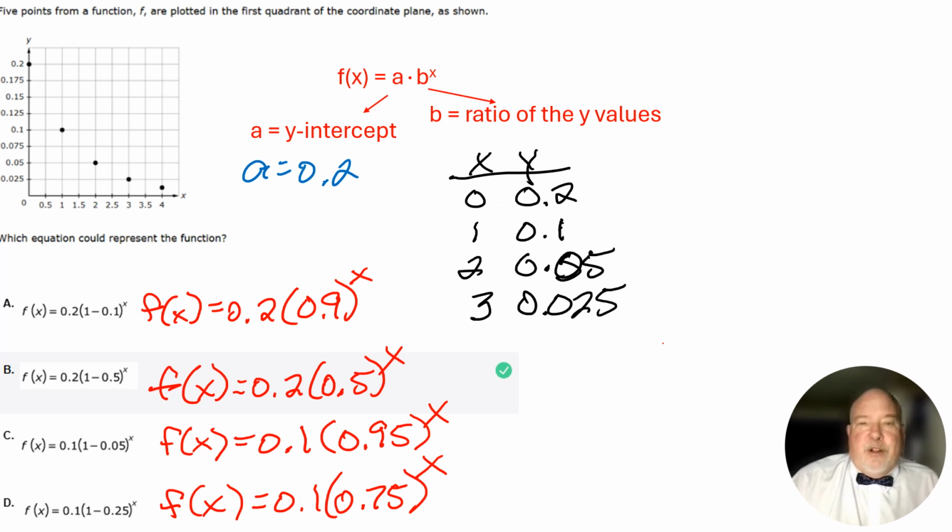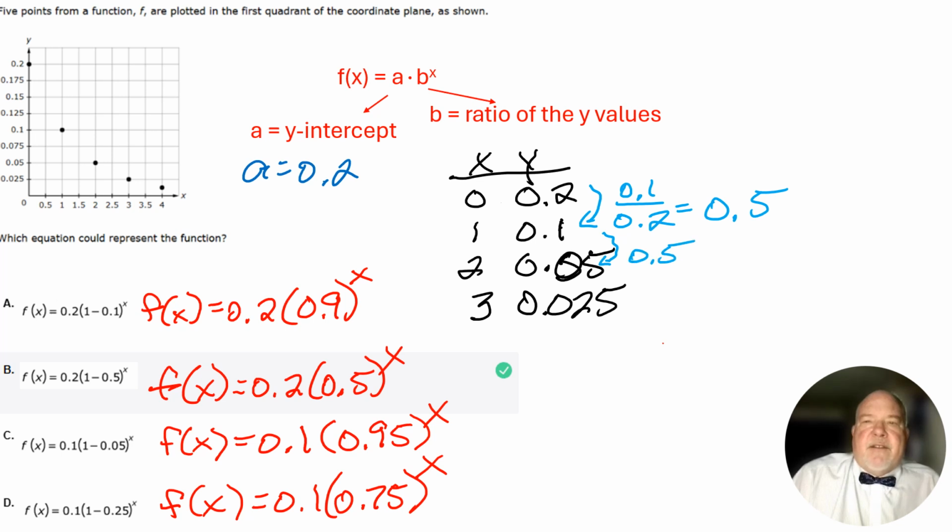And so now I'm going to look at what this common ratio is. So I'm going to take 0.1 divided by 0.2, and that gives me 0.5. And then just to double check it's consistent, I'll look at the next one. So I have 0.05 over 0.1.